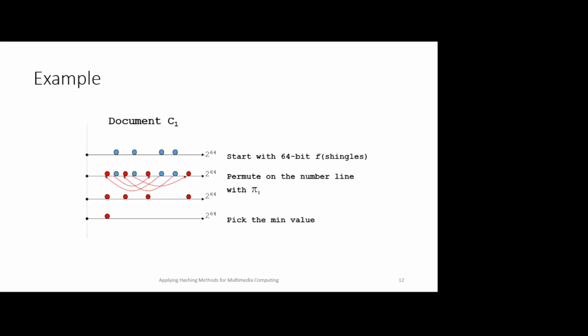And then in the second step, we do a random permutation. You can see this is our first shingle, but after random permutation its new position is here. The second one is permuted to this new location here, the third shingle is permuted to here, and the fourth is permuted to here.